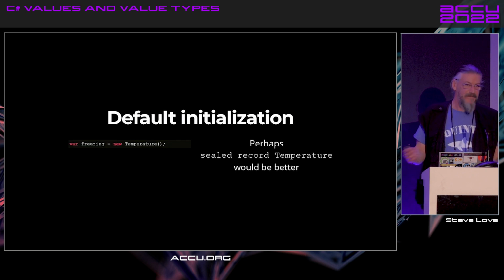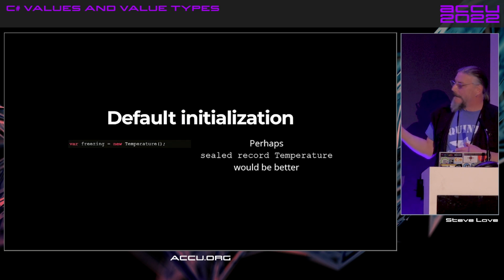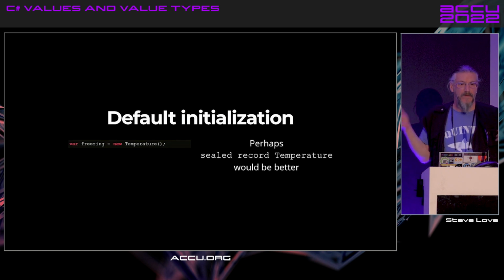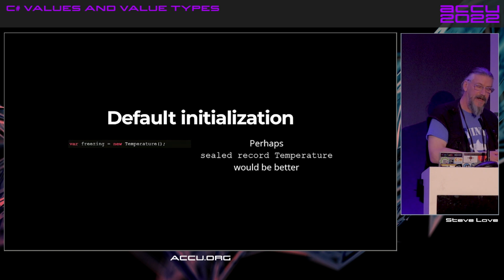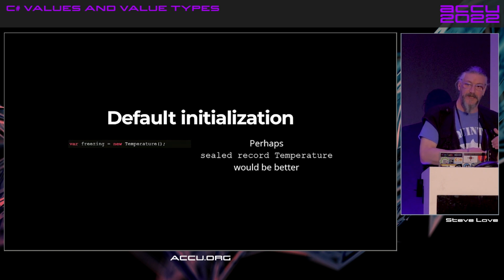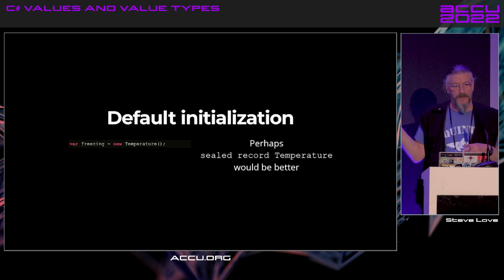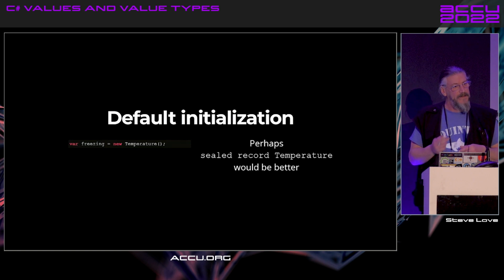You can if you like, and it's fine syntactically. The default initialization for the plain record, the record class, is not valid because the compiler has generated a custom constructor. We made Temperature a record struct, which can always be default initialized. Does that or does that not make sense?